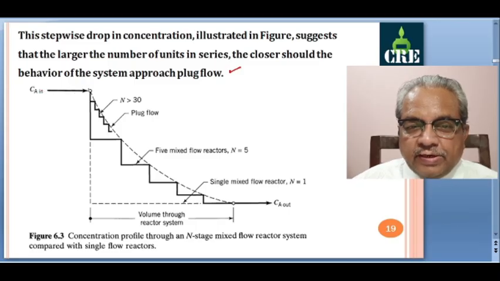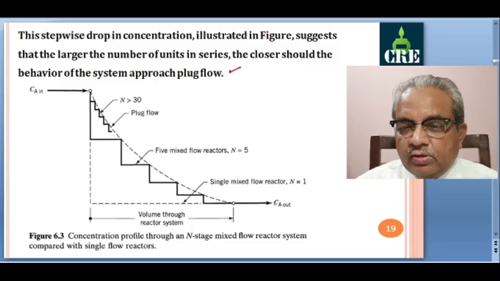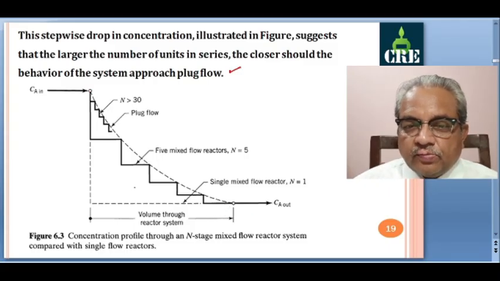This is Ca entering the first reactor, and if only one reactor is there, this is leaving the first reactor. Then you consider 5 reactors, so there will be 5 stages. So it is entering the first reactor, and the exit concentration from the first reactor is represented here.